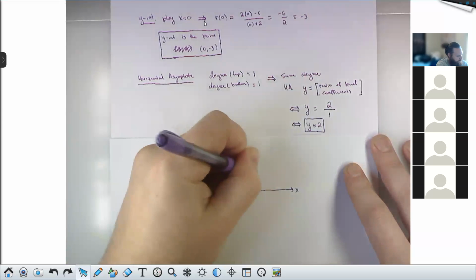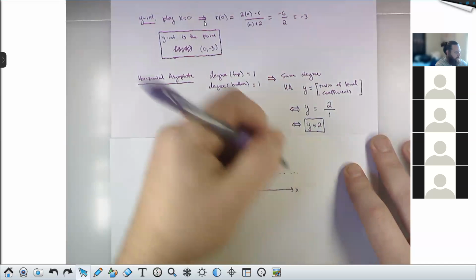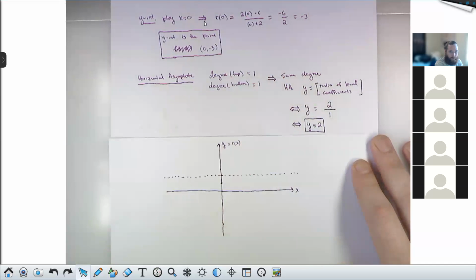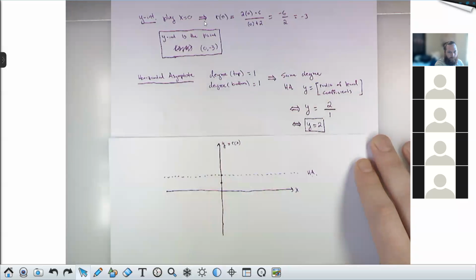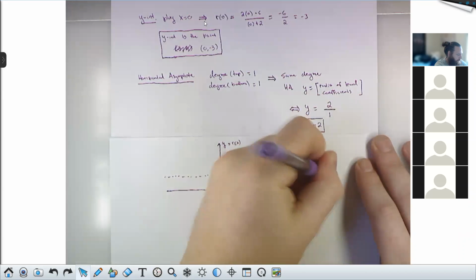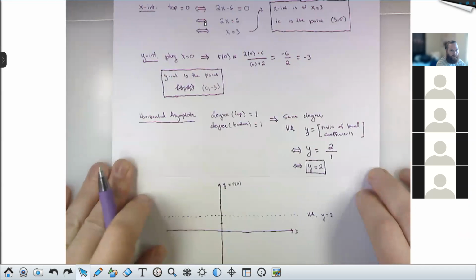And we draw the asymptotes as dotted lines. The graphing calculator will sometimes draw in the asymptotes as solid lines. Don't do that. That can be very misleading. They are not a part of the graph. So we draw in the line and we label it. Same for the vertical asymptote. The vertical asymptote was the line x equals -2.